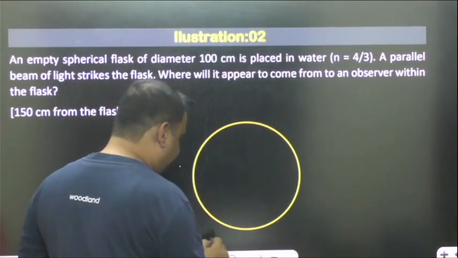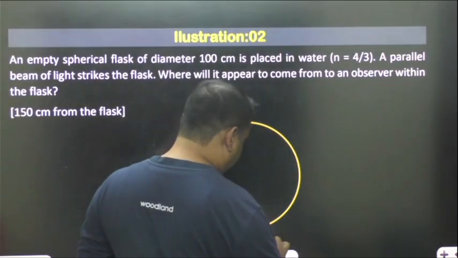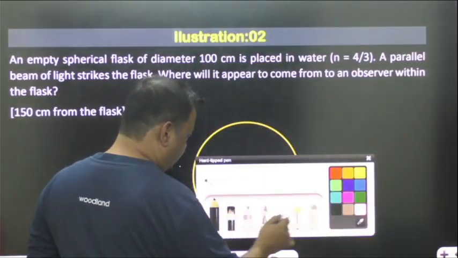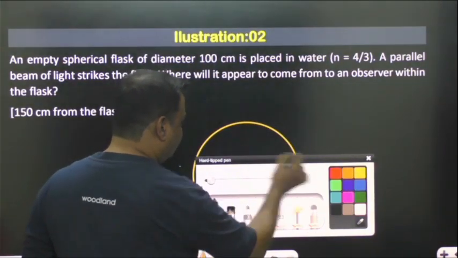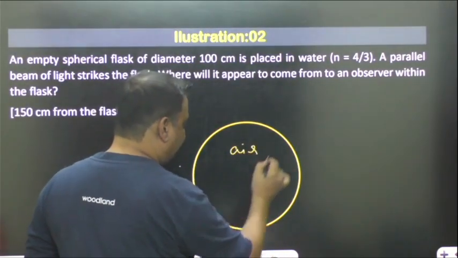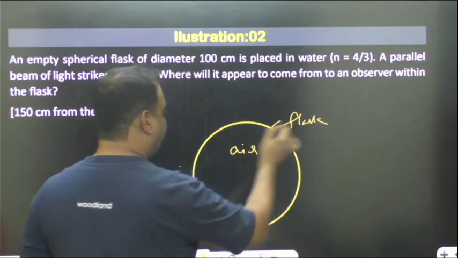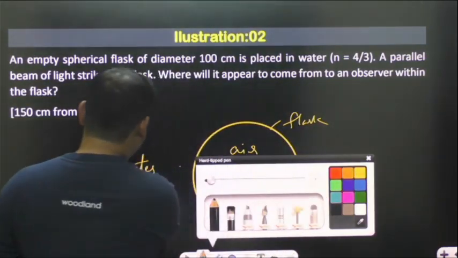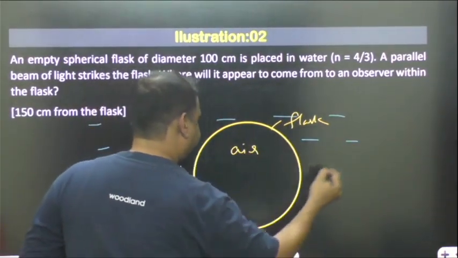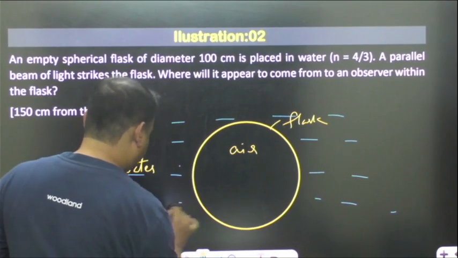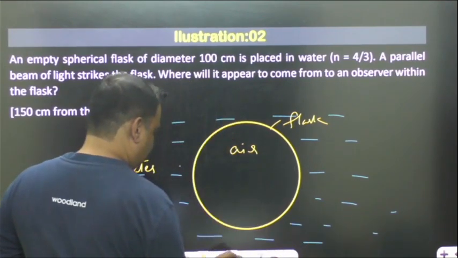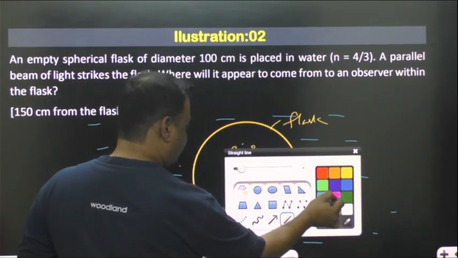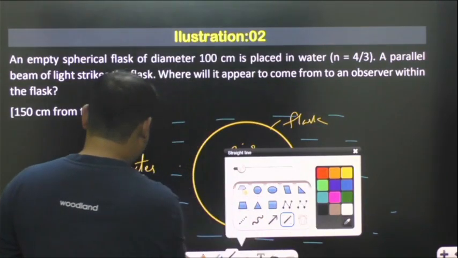So in this case, nothing is given about the material of the flask or its thickness, so you can neglect the presence of the material which is making the boundary of the flask, and you can assume there is air inside the flask, okay, and there is water outside. Outside we have water, and inside we have air. Okay, let us mark the principal axis. So I guess my principal, I am taking a white line say.